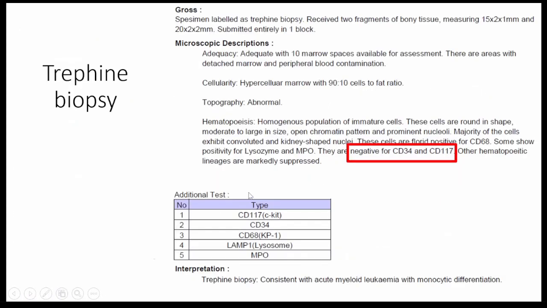Based on trephine, those cells are positive for CD68, lysozyme, and MPO. However, they are negative for CD34 and CD117. So for this, we had CD99 added on to confirm the immature precursors.